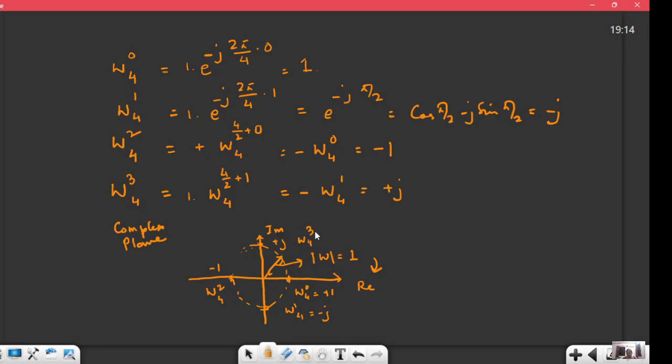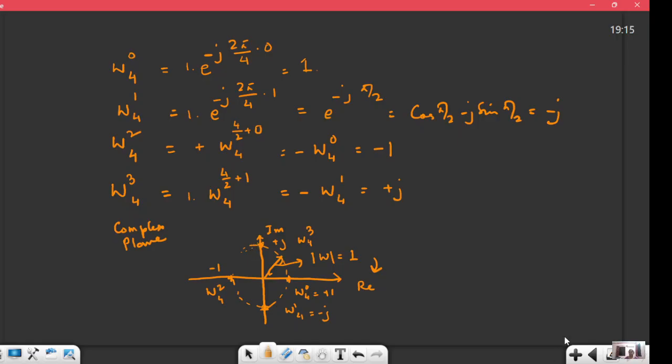If you remember this diagram, you don't have to calculate W every time. W will start from +1, then -j, then -1, and then +1. This is true when the total number of points capital N is equal to 4.